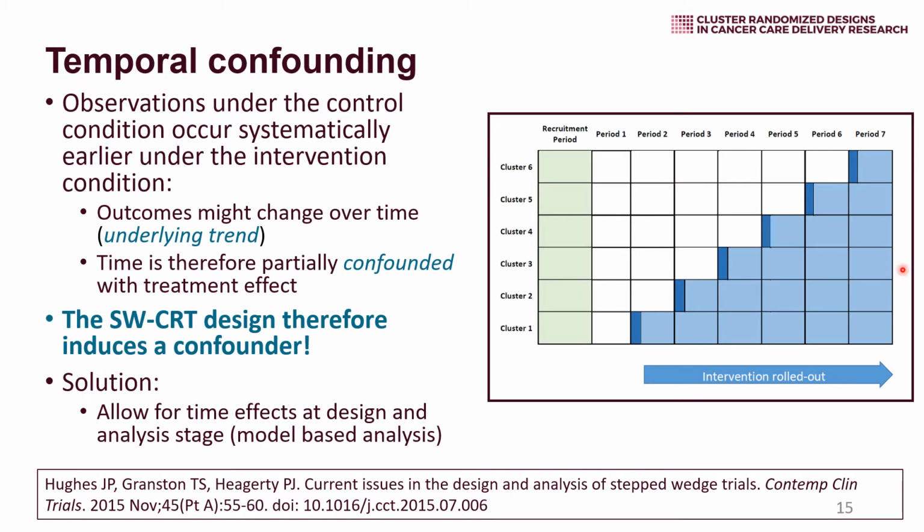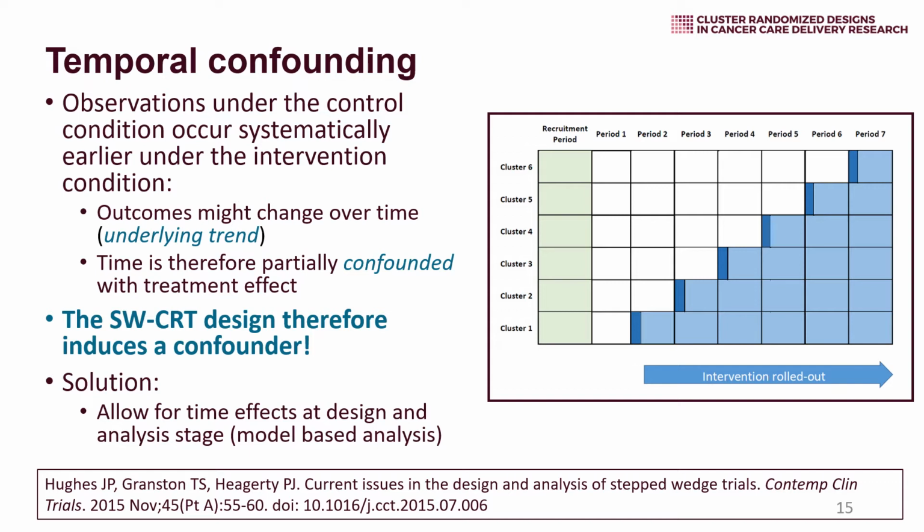We might call this an underlying trend. And this change over time might have nothing to do with the intervention that we're evaluating. Things might just be gradually improving over time or gradually getting worse over time. But because of the relationship between time and exposure to the intervention, time might be partially confounded with the treatment effect.